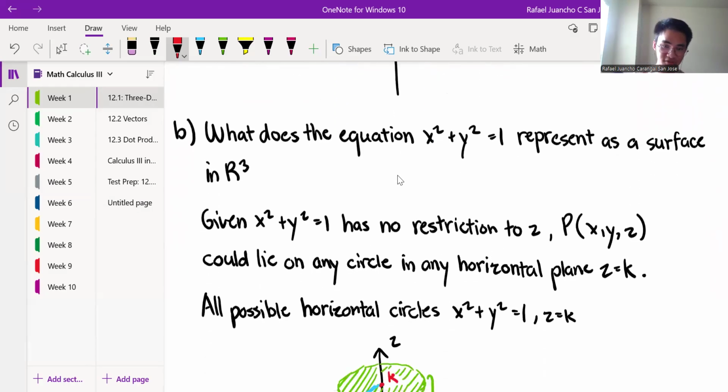Okay. Now we move on to another example. Here, we're using that same unit circle equation. What does the unit circle equation represent as a surface in R cubed?